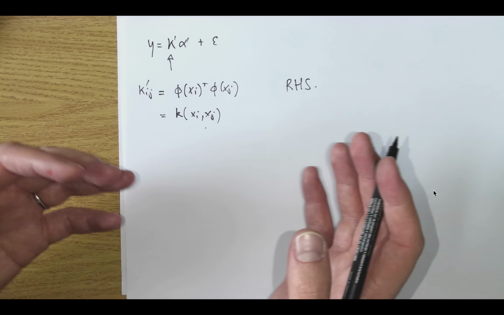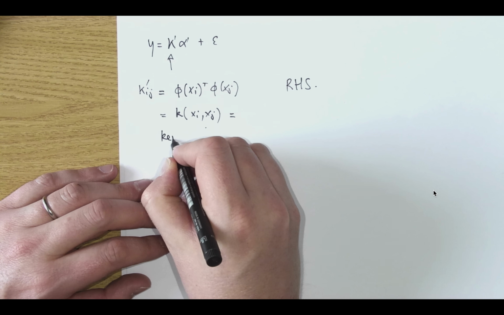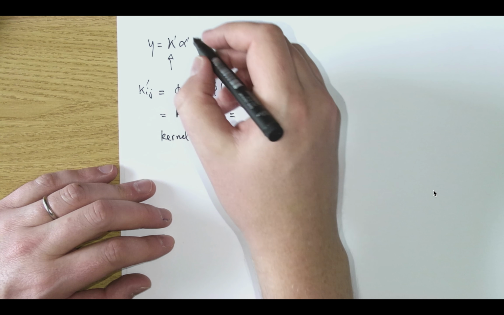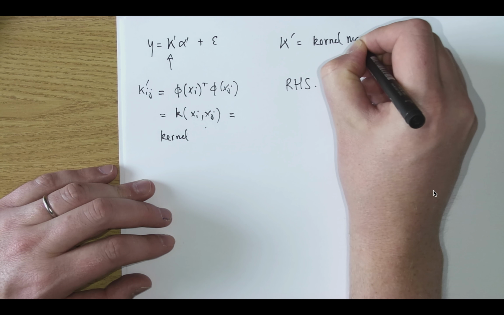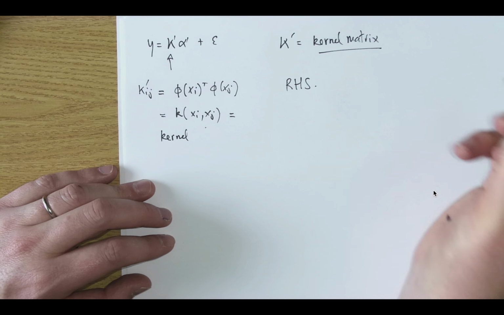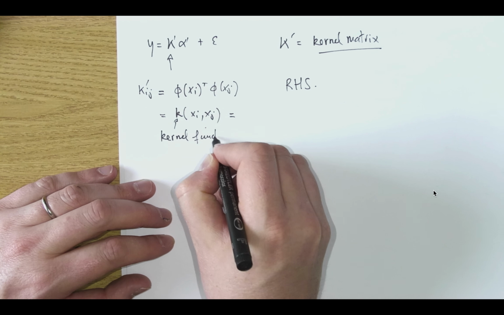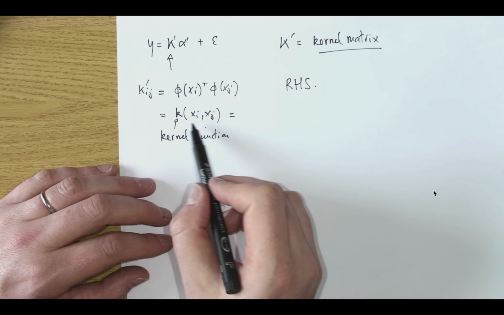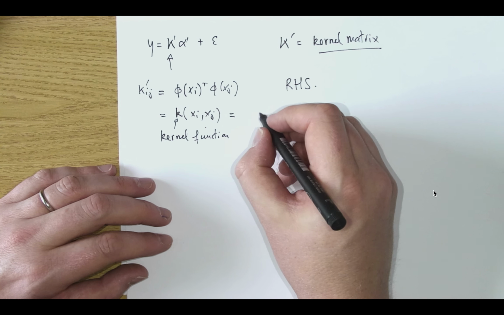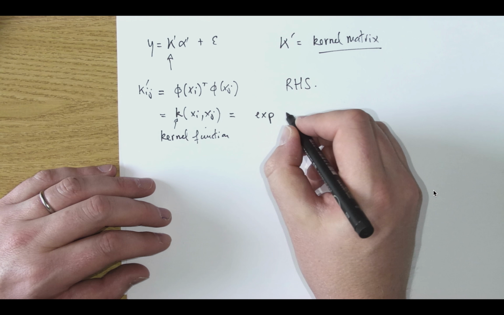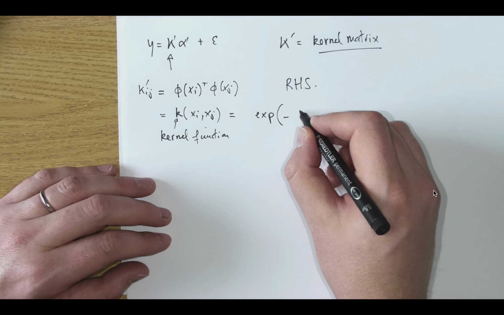And this is called a kernel function. So this K prime is a kernel matrix, and this little k is a kernel function that takes two arguments, so two vectors, xi and xj. And an example of such a function would be the exponential kernel, which I'm going to write this way, okay?